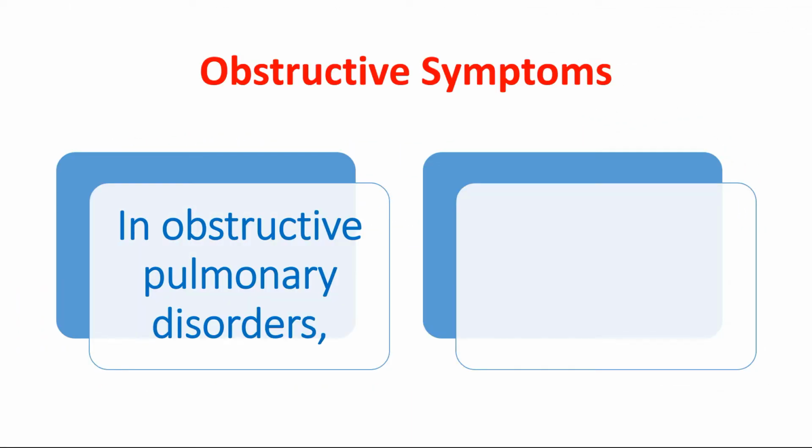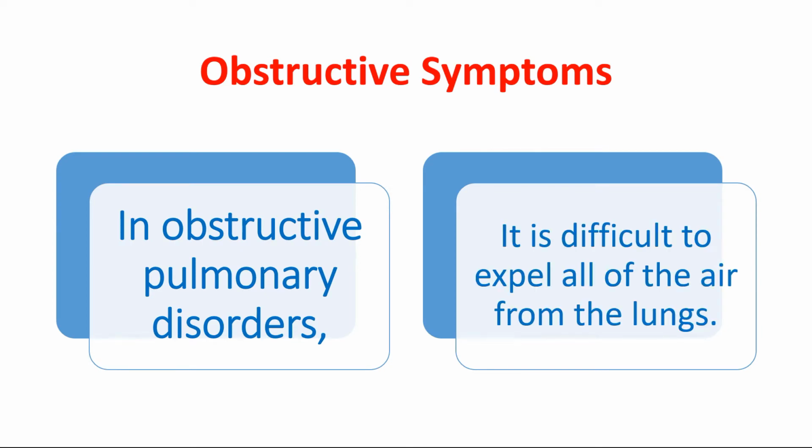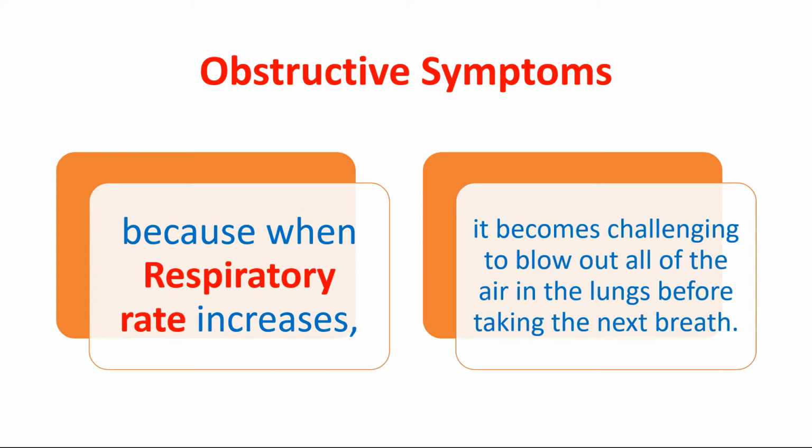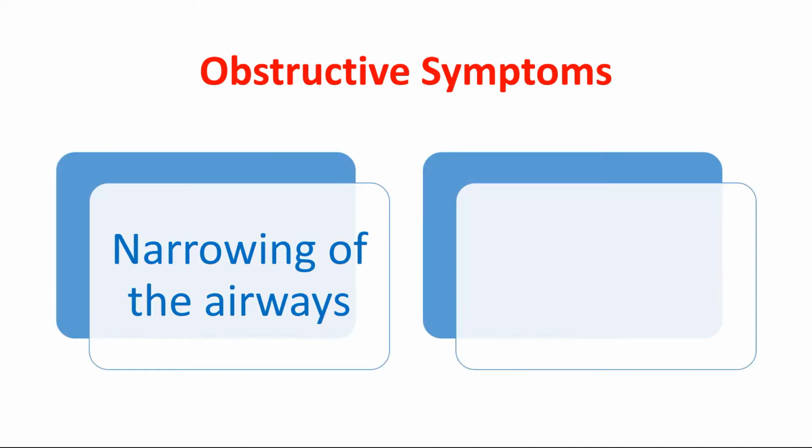In obstructive pulmonary diseases, it is difficult to expel all of the air from the lungs. The patient feels it is hard to expel all of the air because there is increased resistance. This becomes worse with activity because when the respiratory rate increases, it becomes challenging to blow out all of the air in the lungs before taking the next breath.